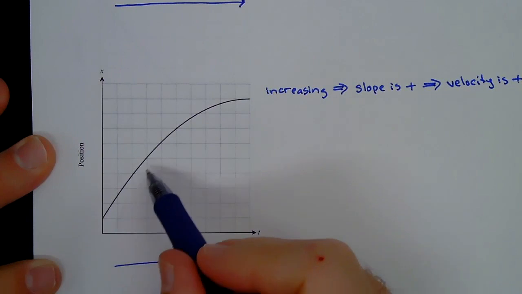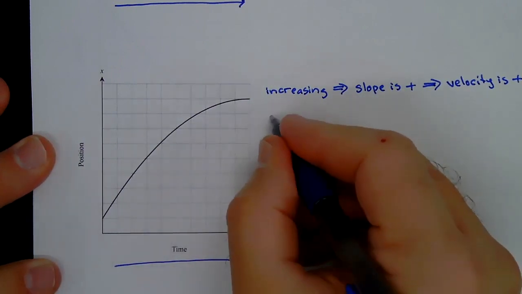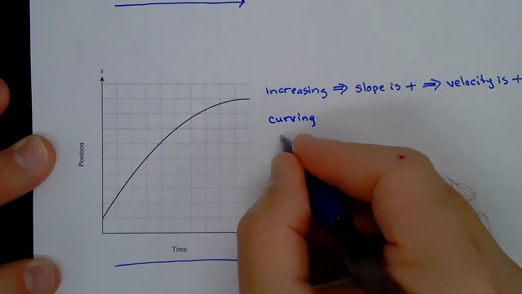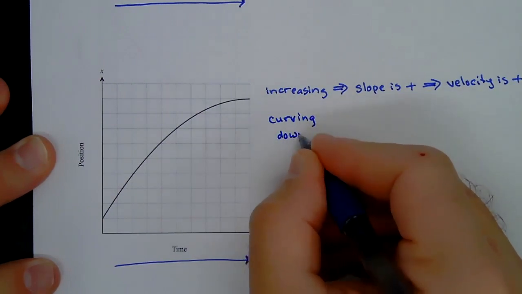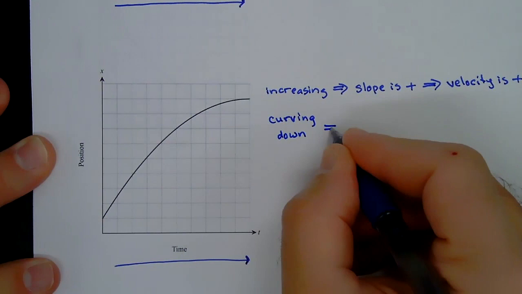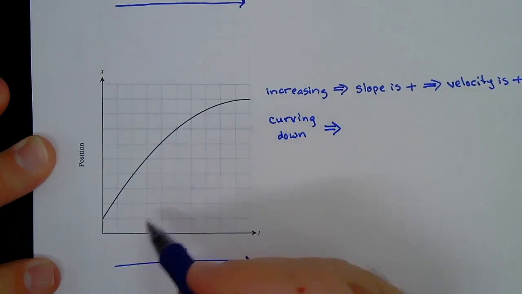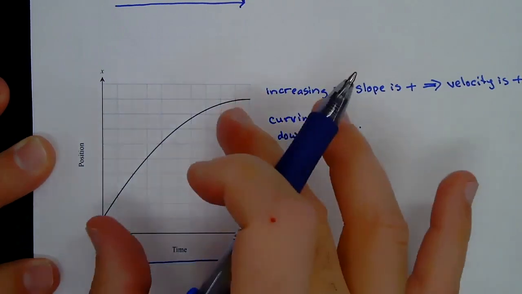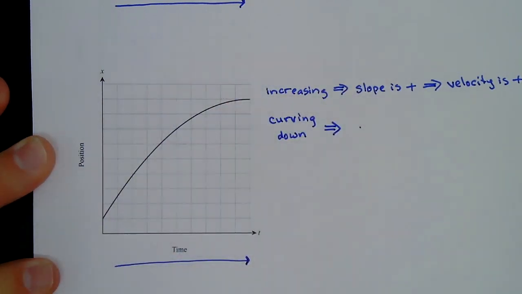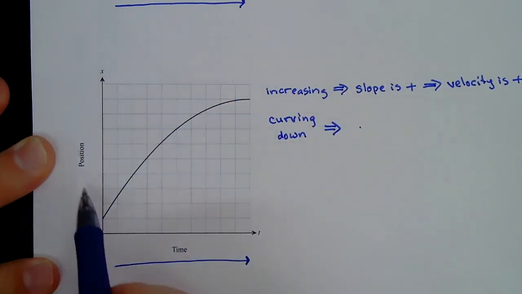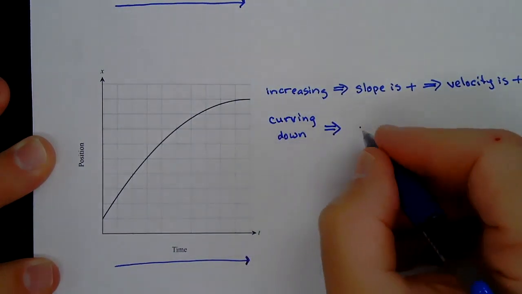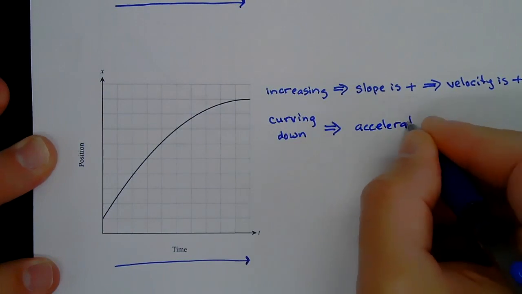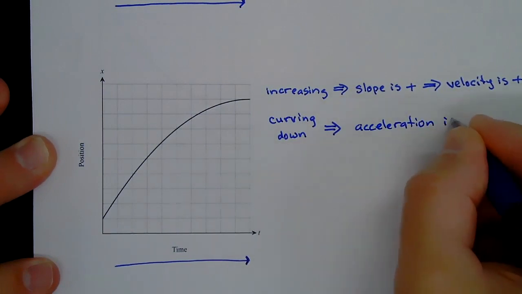Now, this time it's curving down, it's bending down. There's a math term for this, it's called concavity, but you don't have to worry about that. Since it's curving down, and the curvature of a position time graph tells us the acceleration, the acceleration is negative.